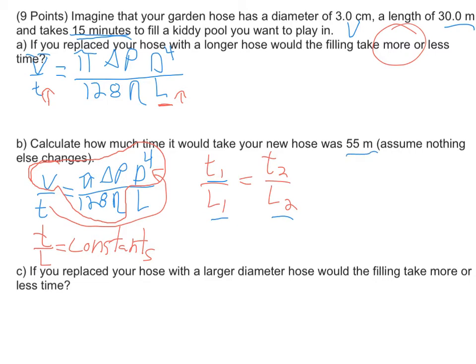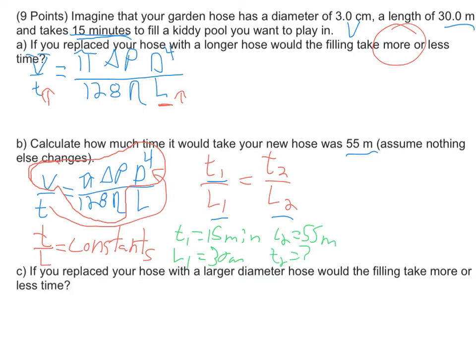You could even write them down if you wanted to. It doesn't hurt to make note of your variables. T1 is 15 minutes, L1 is 30 meters, L2 is 55 meters, and T2 is a question mark.